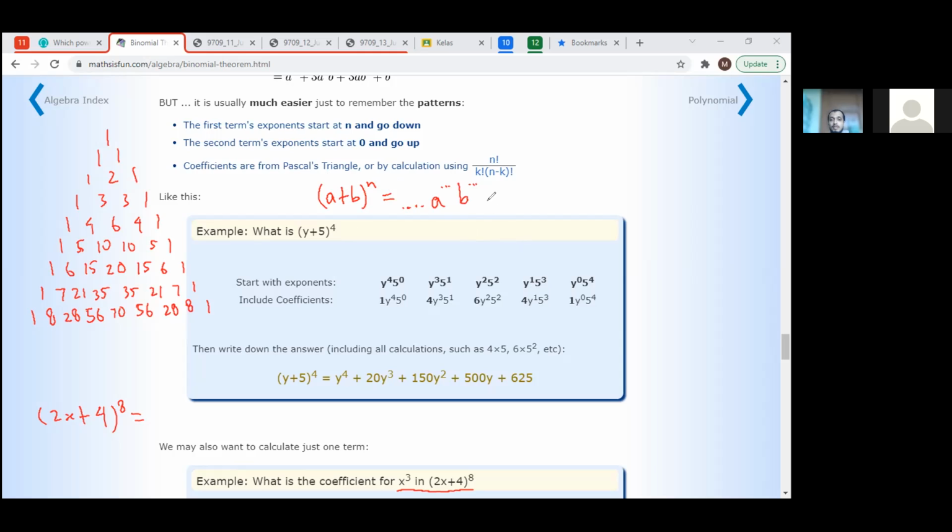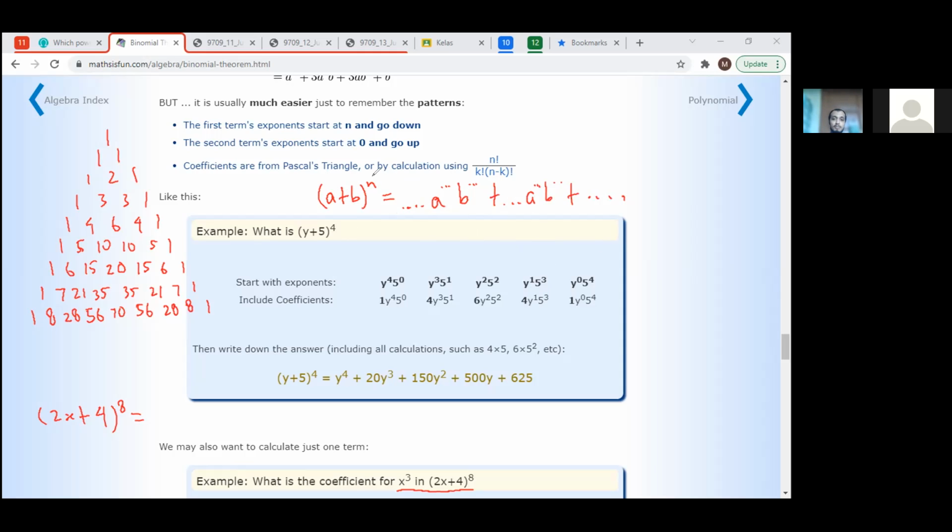The first term will look like this, and the second term also, and the next term as well.